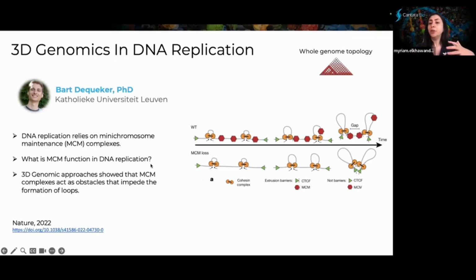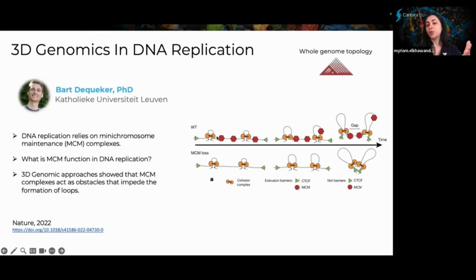And what he found out using whole genome topology, so cataloging the interactions that are happening across the entire genome, is that those mini chromosome maintenance complexes act as obstacles that impede the formation of loops. So what you see here is the wild type, and you see this loop extrusion that is facilitated by the cohesin complexes, which are depicted here in these yellow circles.